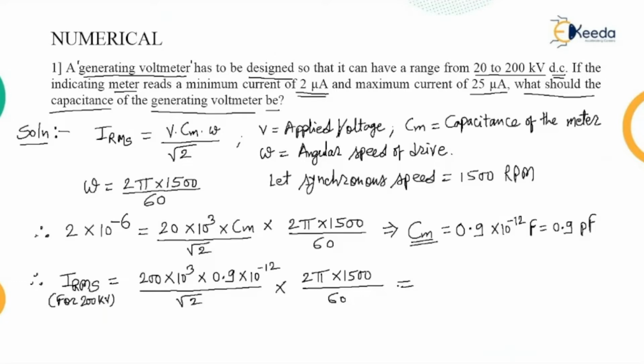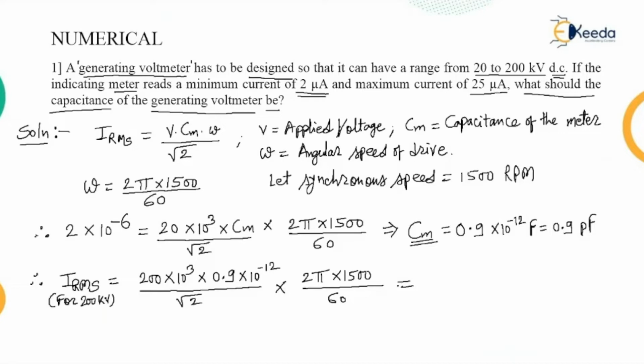So let us again use the calculator for doing the calculations. 200 into 10 to the power 3, multiplied by 0.9 into 10 to the power minus 12, multiplied by twice pi into 1500, divided by root 2 into 60.